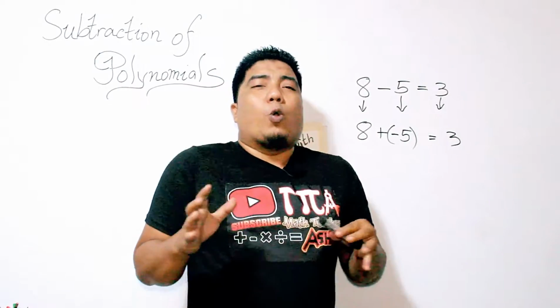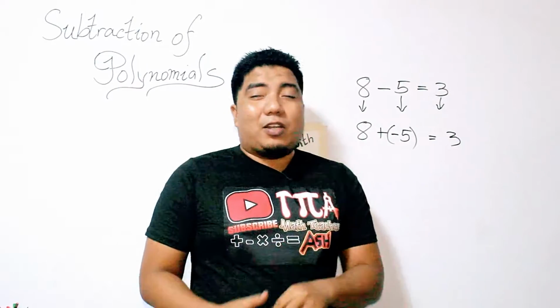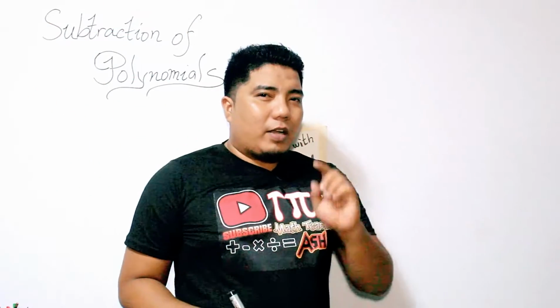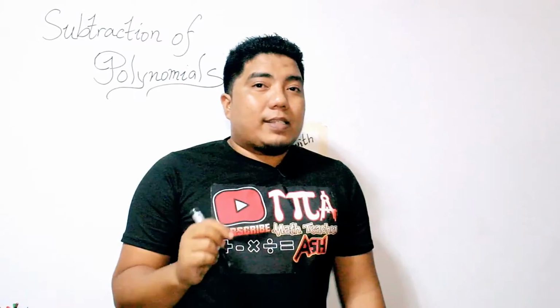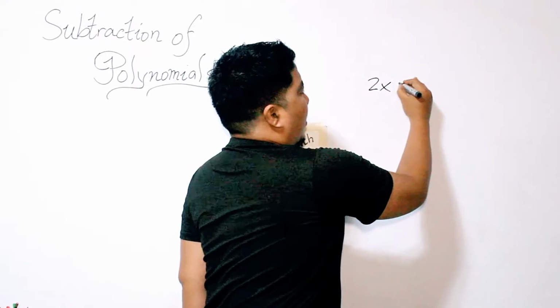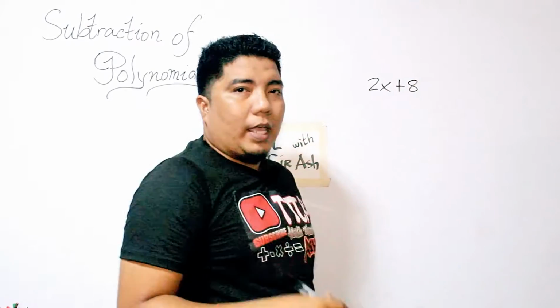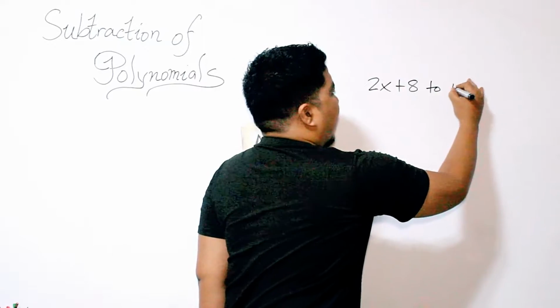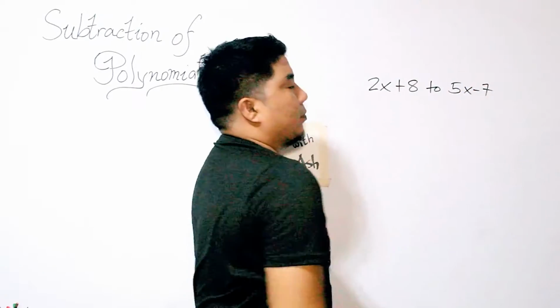Now, the question is, what are the things that we will consider if we will apply it to polynomials? Let's consider an example. Let's say you have two binomials. The first binomial is 2x plus 8. This is subtracted to the binomial, let's say, 5x minus 7.